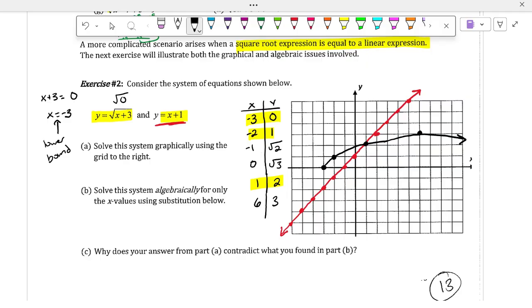Now, there's one other thing I want to note. What did I tell you happens if you take the square root of a number? What technically goes in front of it? A plus or minus. So on the flip side of that, we're also going to graph the plus or minus version.